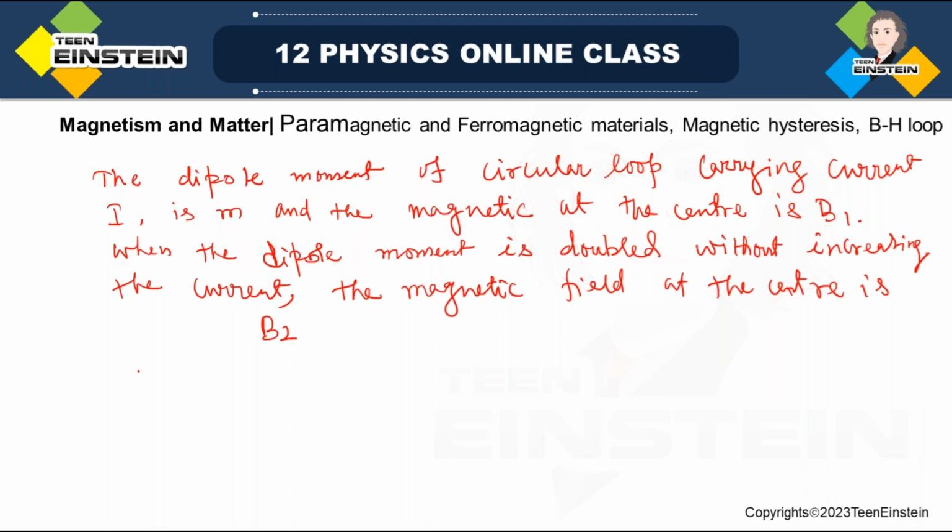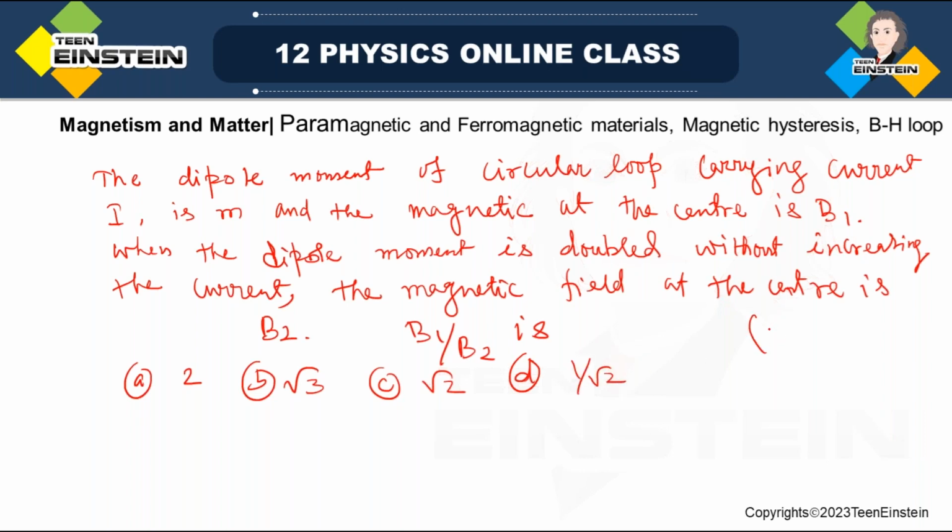Then what is B1 by B2? You have to find out. Options are given here: option A is 2, option B is √3, option C is √2, and option D is 1 by √2. This is actually from JEE Main 2018.